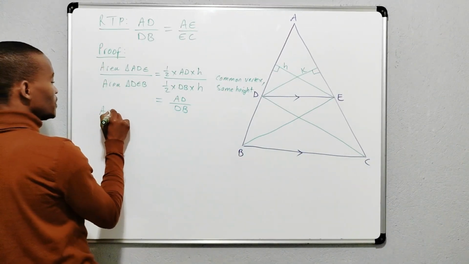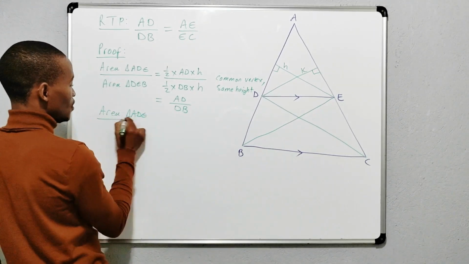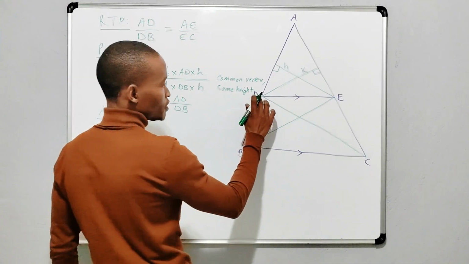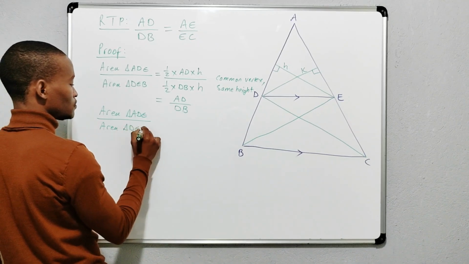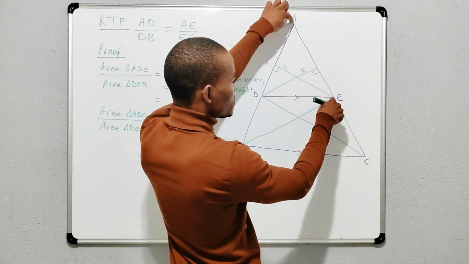Okay, area of triangle ADE over area of DEC now is equal to half times what is the base?